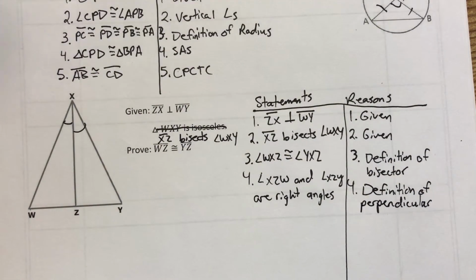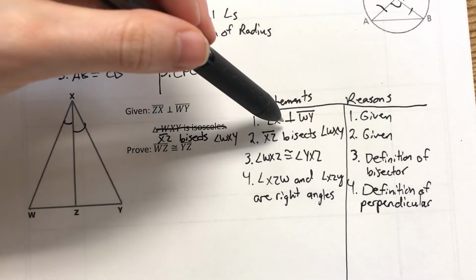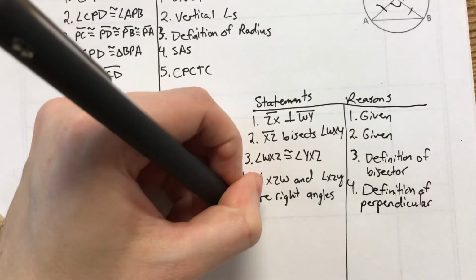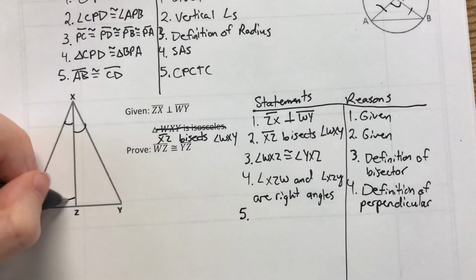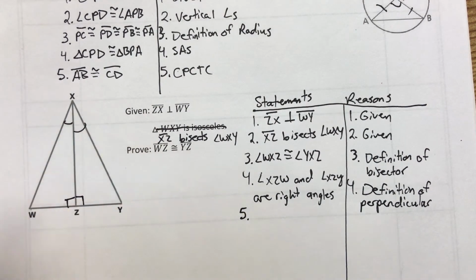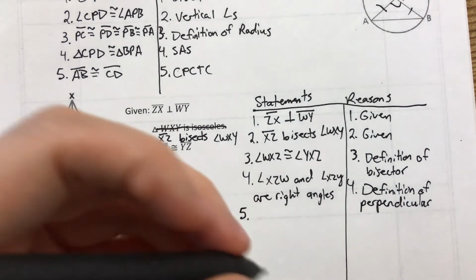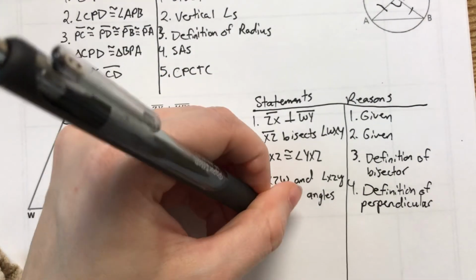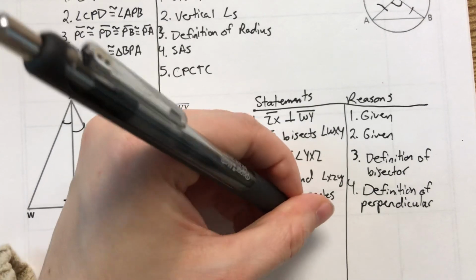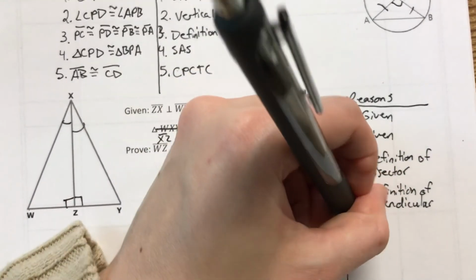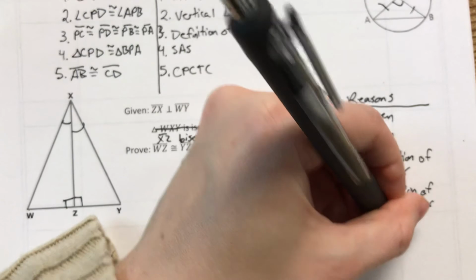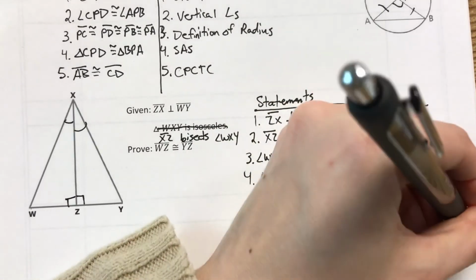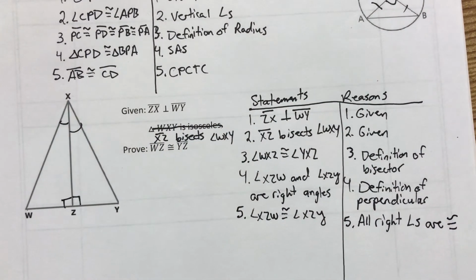And now is when we can take that idea of perpendicular and turn it into a congruent statement. Because now that we know we have right angles, we know that all right angles are congruent. So now at this step, I can say angle XZW is congruent to angle XZY by all right angles are congruent. I couldn't have said that before, okay?